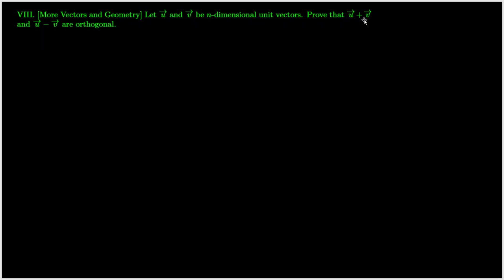For two vectors, how can we prove two vectors are perpendicular? Anybody want to tell me something? How to prove two vectors are perpendicular? You are not given a whole lot of information. You just know two vectors are unit vectors. You know the length of the two vectors are 1, right? Then how can we prove two vectors are perpendicular?